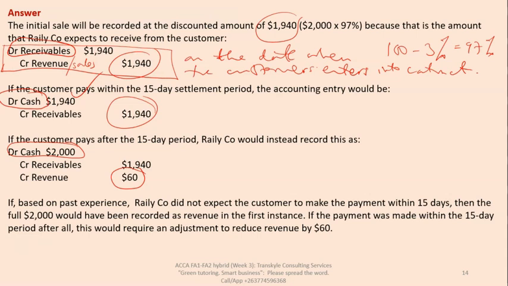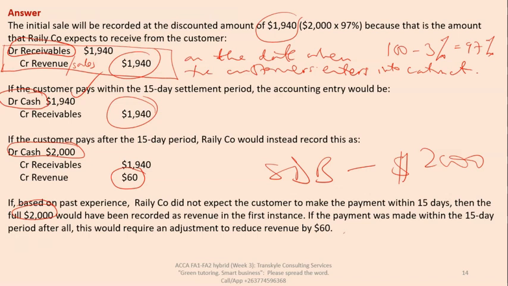If we had doubts about Railco in the initial stages, we would have billed this customer 2,000, so our sales day book was going to have the 2,000 recorded. If the payment was made within the 15-day period, this would require an adjustment to reduce it.